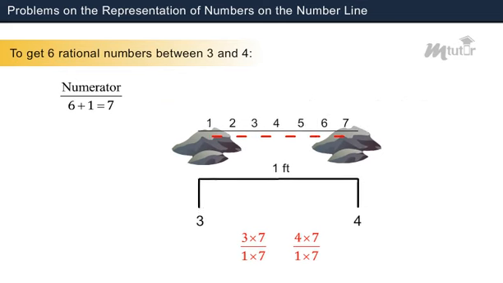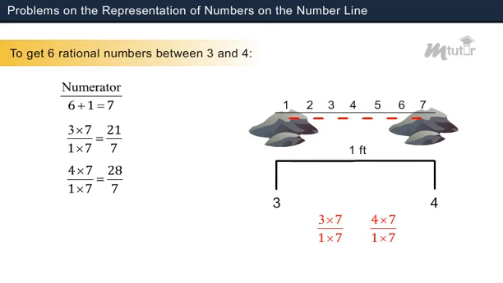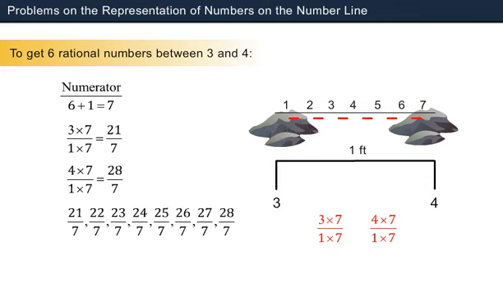Thus, we get the values 21 by 7 and 28 by 7, as the values at the end points, as shown on the screen. Now we could easily get the 6 rational numbers, by changing the numerator from 22 till 27, as displayed. Thus by representing the jumps of the monkey using the number line, we found the 6 rational numbers between the integers 3 and 4.